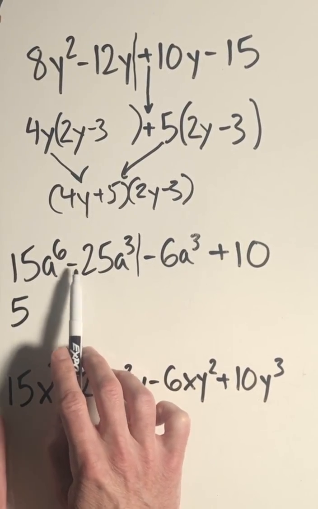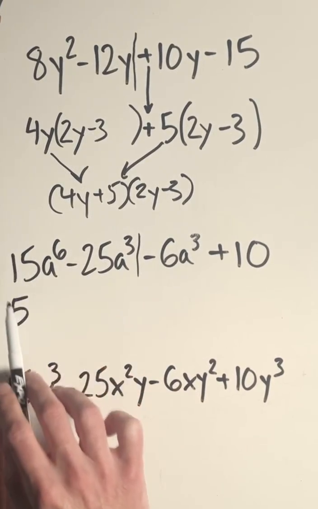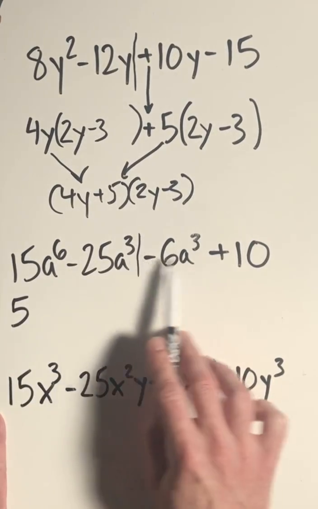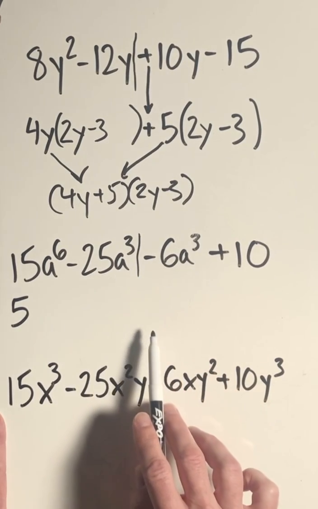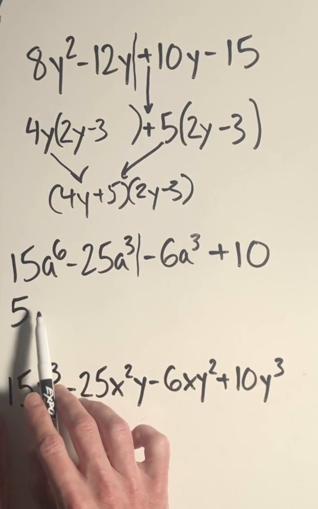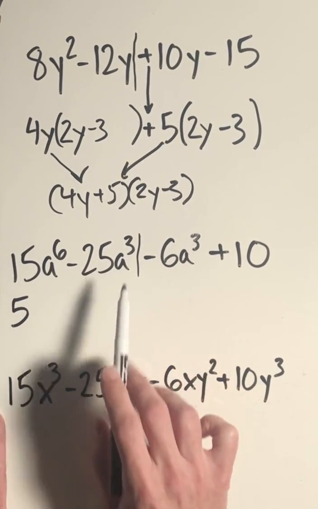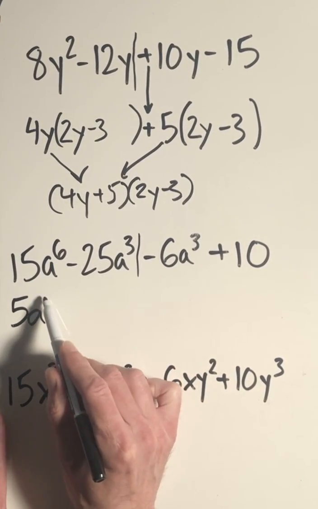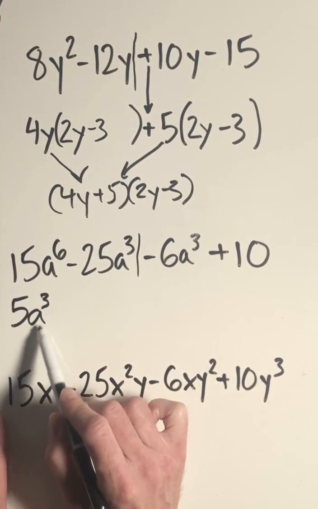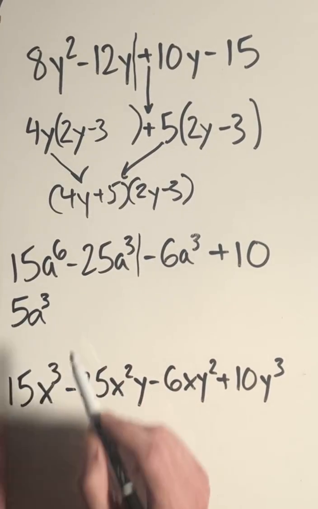Again, if one of the factors is negative, you're going to take out a positive first, unless it occurs on the right side, and this sign's going to come straight down. So now I'll look at my variables. This has 6 factors of a, but this only has 3 factors of a, so a to the 3rd would be the variable piece of my common factor.